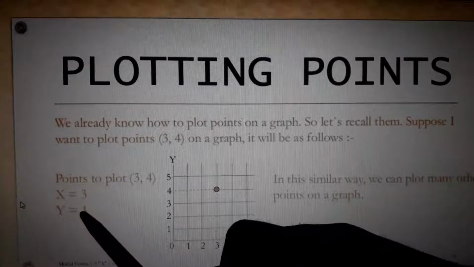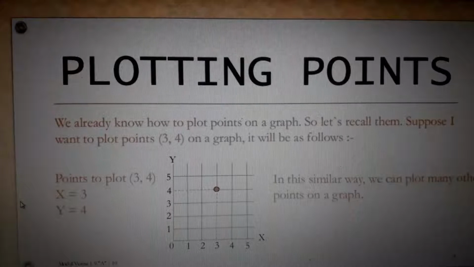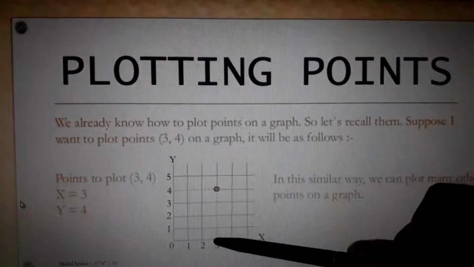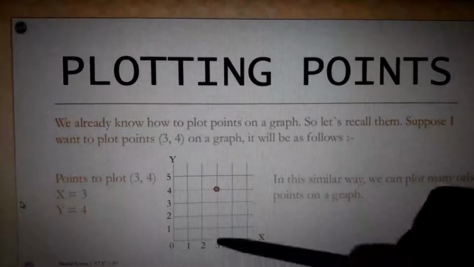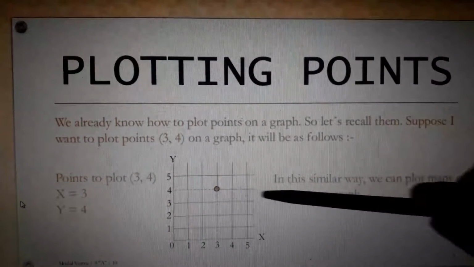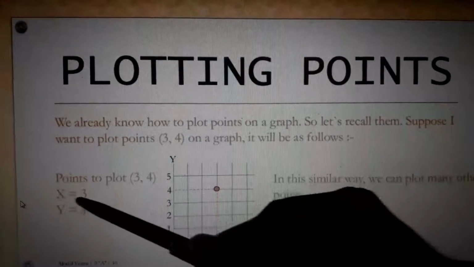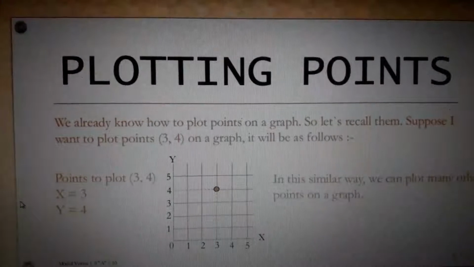Then in the y-axis, what is the value? 4. You must take 1, 2, 3, 4 here. So this is the first point, this is the second point. Just draw a straight line, and the intersecting point is the value, the plot point 3, 4. Okay.